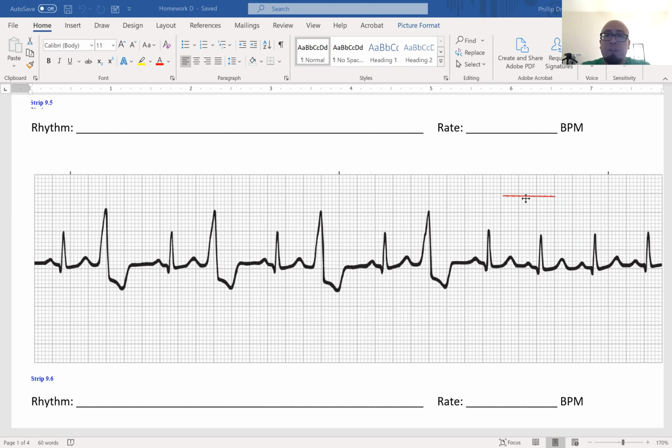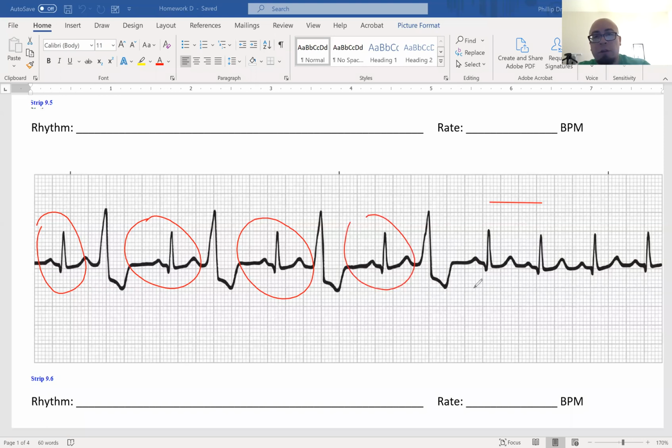I'm going to assume the rest of it in between these irregular beats are regular because these beats all look like these on the end, because the P waves all look the same. Step number 2, check your P waves. So the P waves look good.